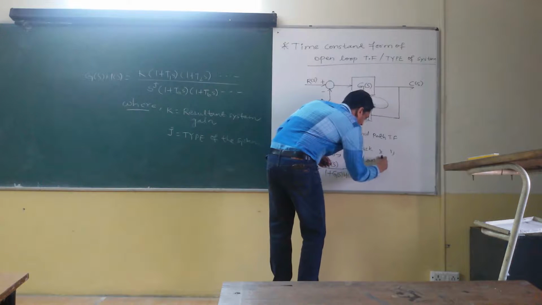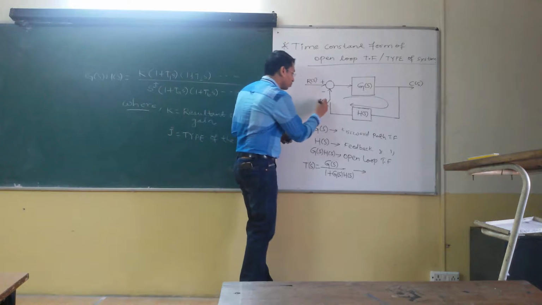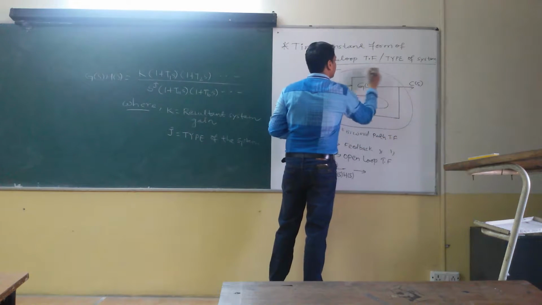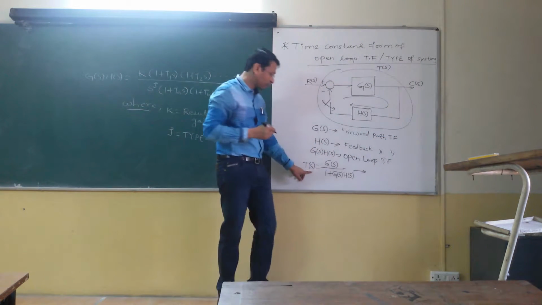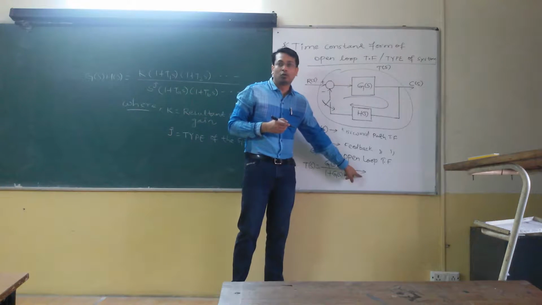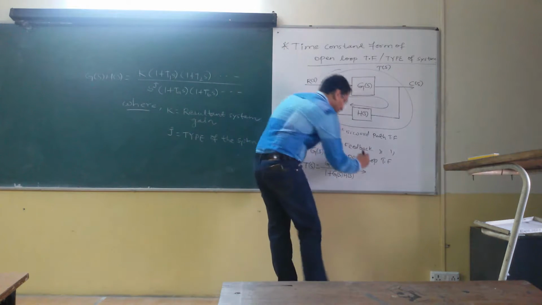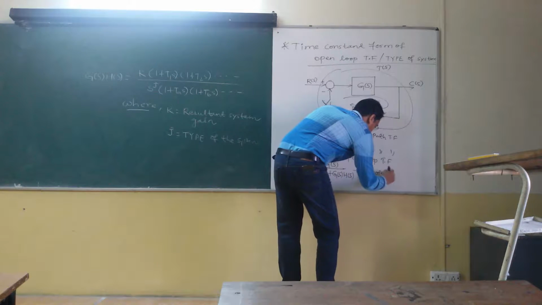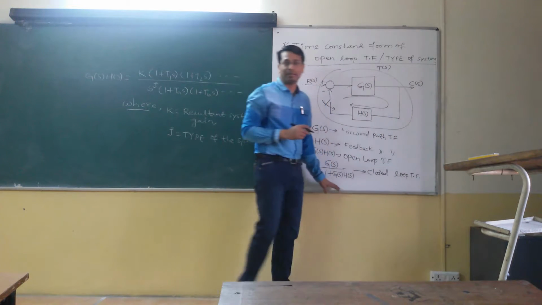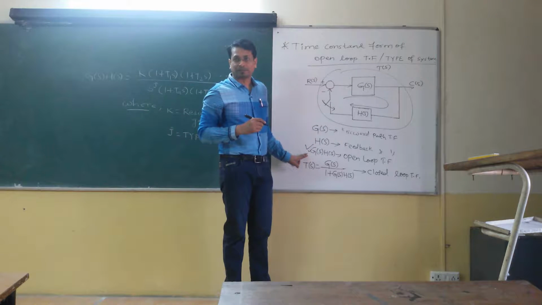When you close this switch, you will get the total transfer function of this system, that is T(s), which we have already calculated as G(s) upon 1 plus G(s)H(s). It is called the total transfer function, or equivalently the closed loop transfer function. You should remember all these terms, specifically the open loop transfer function.